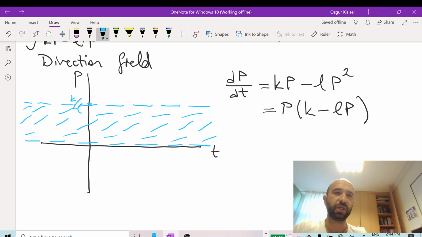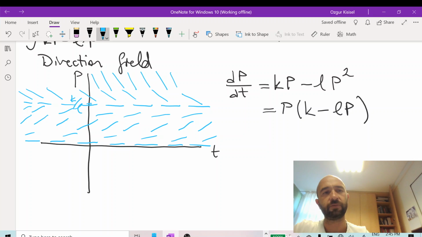This negative region is not relevant for us much because that's negative population, so we don't even have to think about that. But above k over L, that's relevant. If you're above k over L, then p is of course positive, but k minus Lp is negative, so you have negative slopes here. And it's even more negative if you go up. Okay, so this picture kind of tells us what the population dynamics is going to be like.